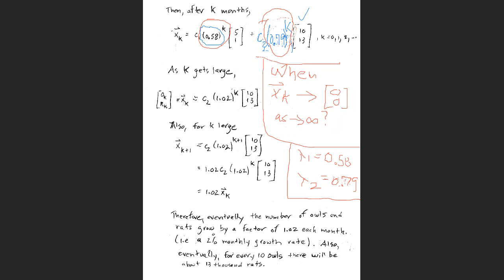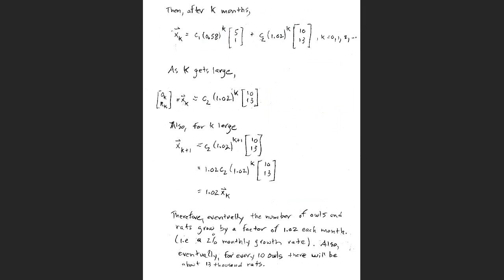Well, I mean, we had lambdas. But remember, Nafani, the 1.02 to the kth power, that term isn't going to go to 0. 1.02 times 1.02 times 1.02 and so forth, that's going to go to infinity.